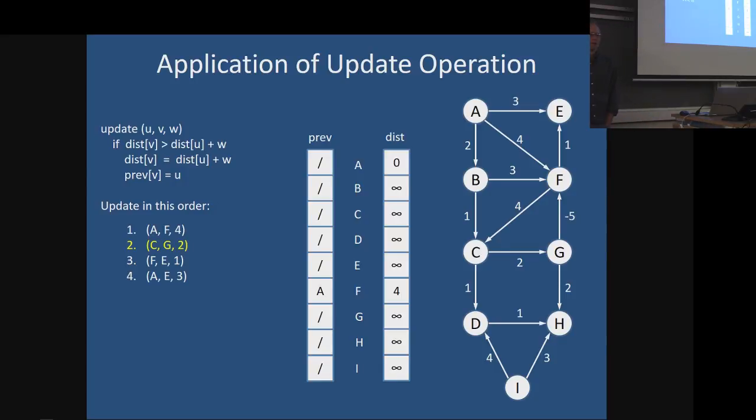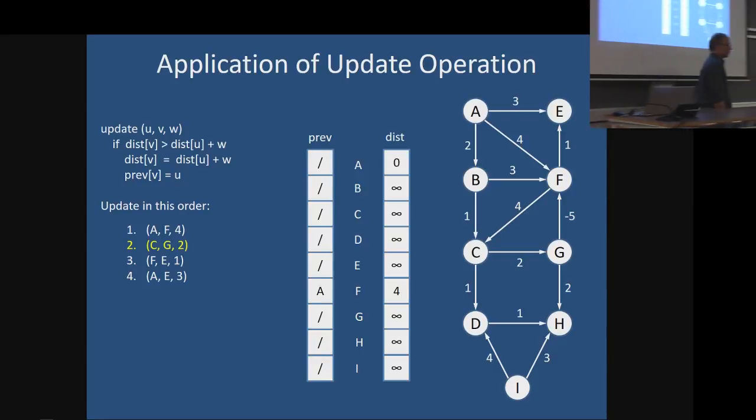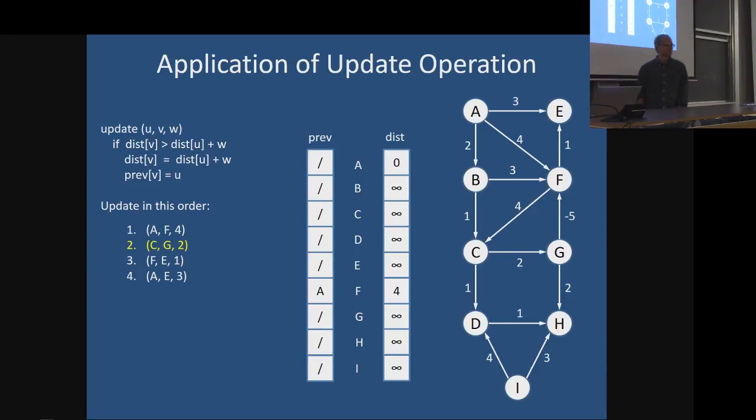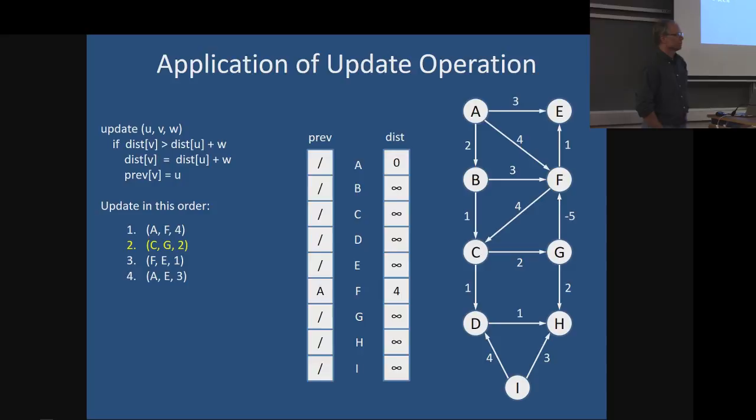Checks the distance. Okay, what's the distance to V? Infinity. What's the distance to U? What's infinity plus, what is W in this case? 2. What's infinity plus 2? Infinity. Is infinity greater than infinity? No. So we don't change anything at all. So we sort of wasted our time with that update operation.